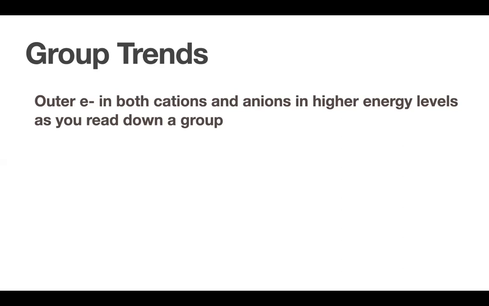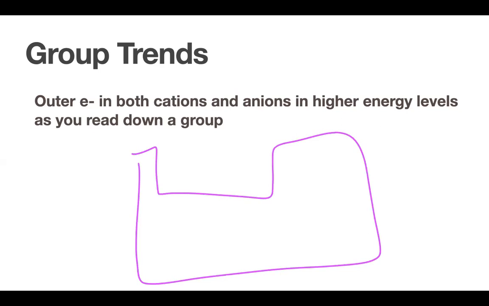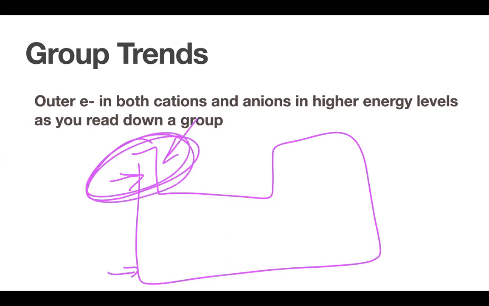I don't know if what I'm saying is making sense, but the ions that are formed up here are going to be much smaller than their atoms. The ions down here are going to be smaller, yes, but less small than the ones up here. Again, it's all about where the electrons are.